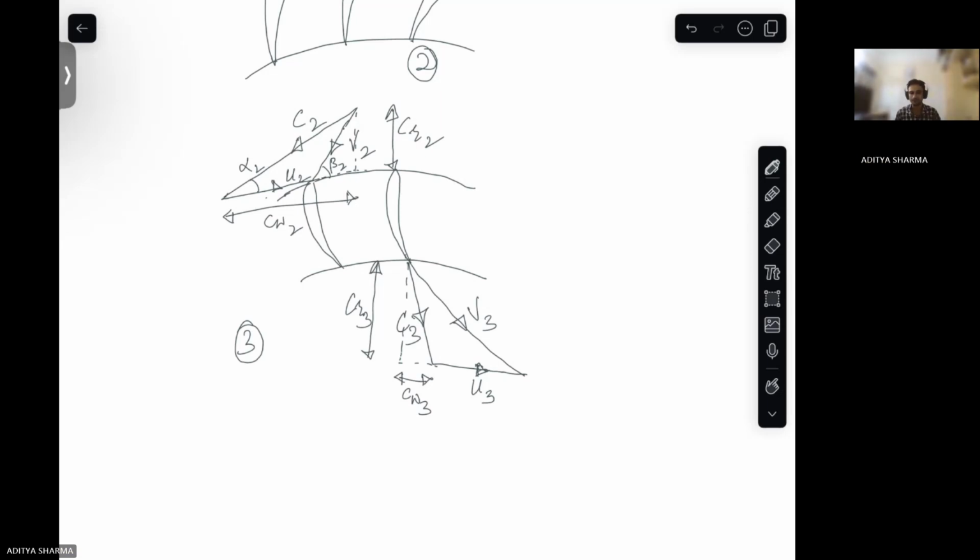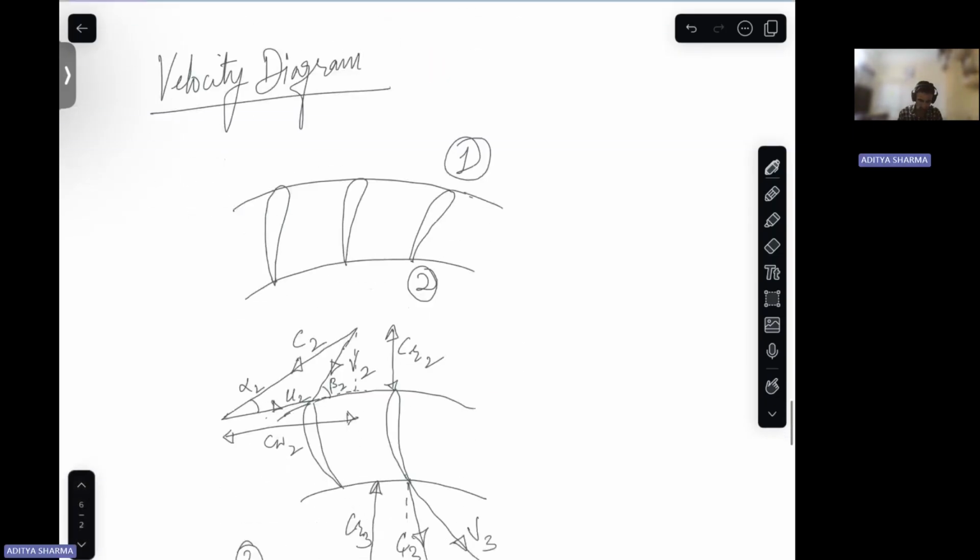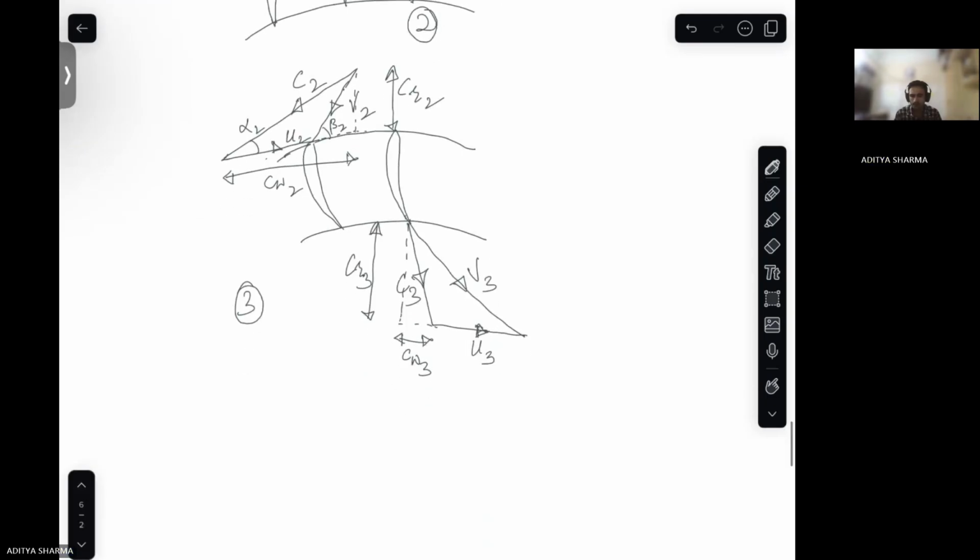All right. Then, this is your velocity diagram. Now, if you want your inward flow, 90-degree inward flow radial, right?